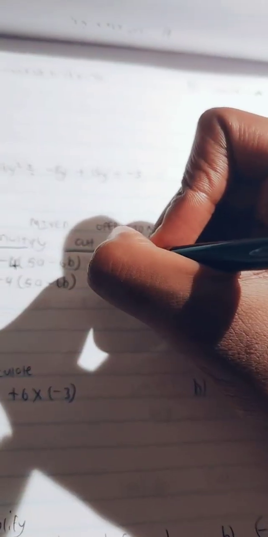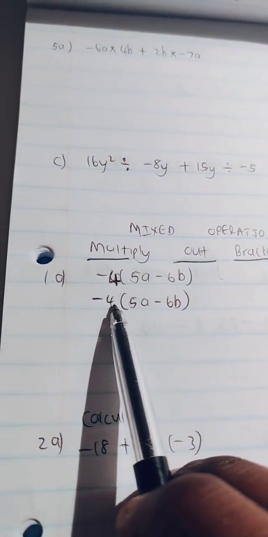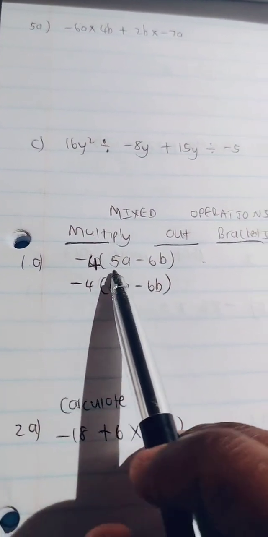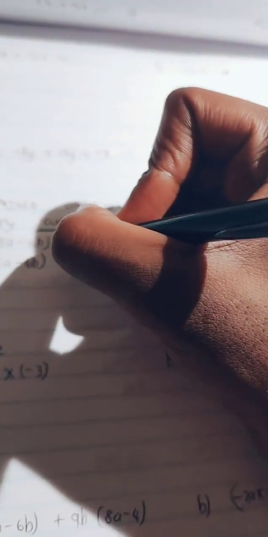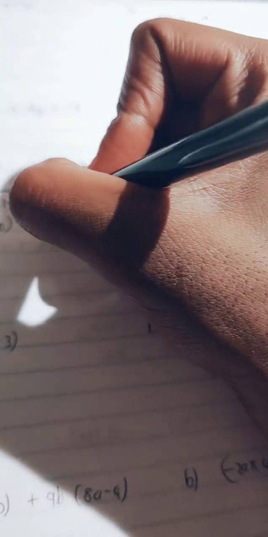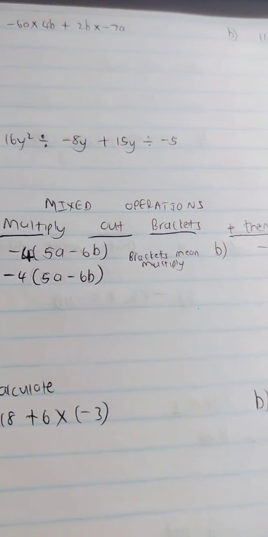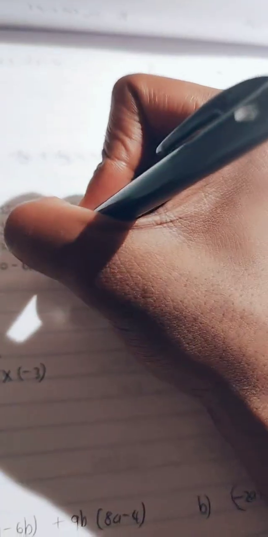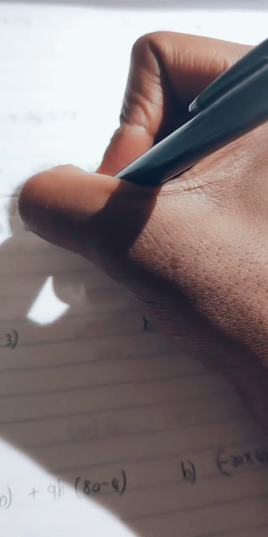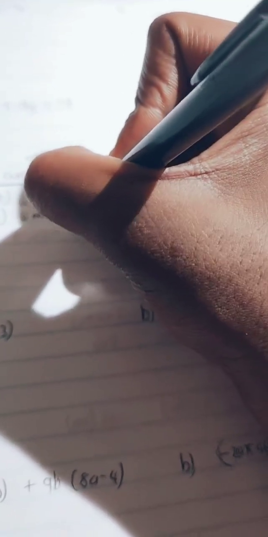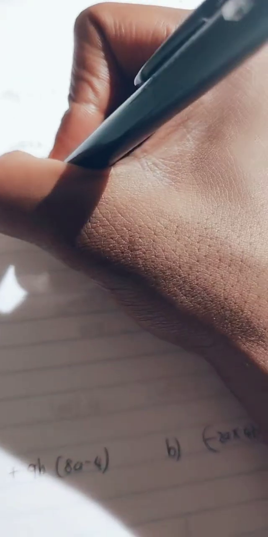So what we are going to do here, guys, is that we can see there's a relationship between the -4 and the brackets. In maths, brackets mean multiply. That's 1. Then 2, we are going to apply the distributive property.